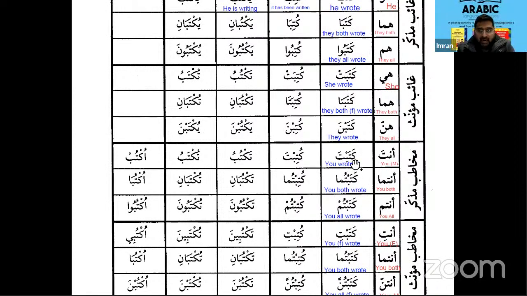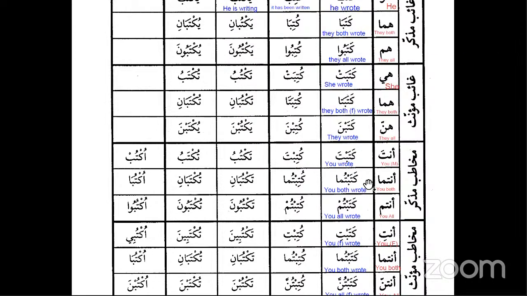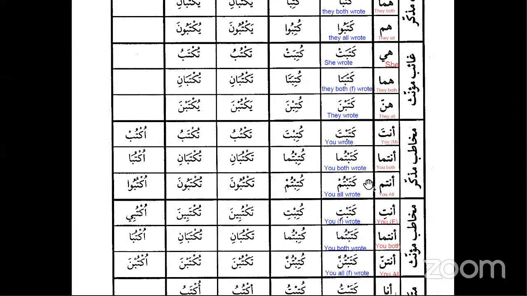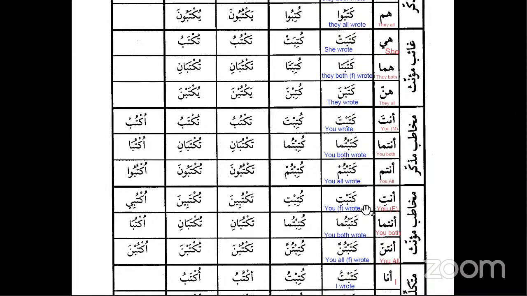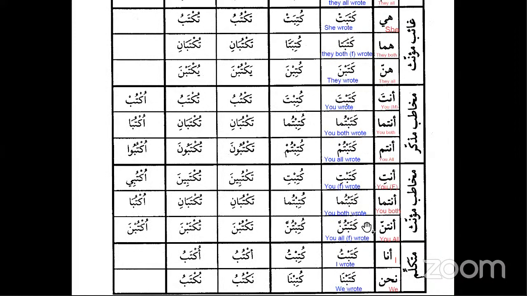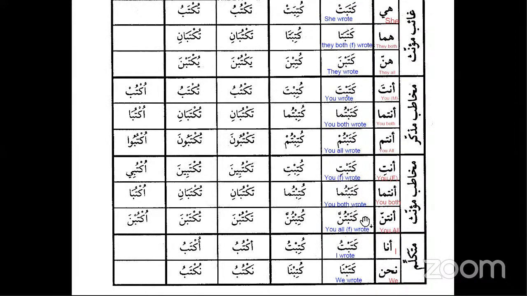The ba is silent. Antuma katabtuma, you two male wrote. Antum katabtum, you all male wrote. Anti katabti, you female wrote. Antuma katabtuma, you two female wrote. Antunna katabtunna, you all female wrote. Ana katabtu, I wrote. Nahnu katabna, we wrote.